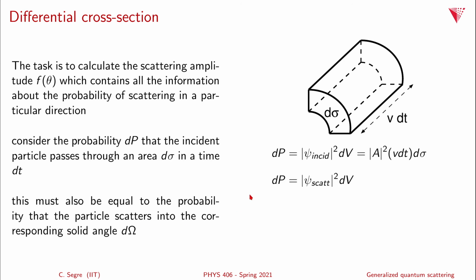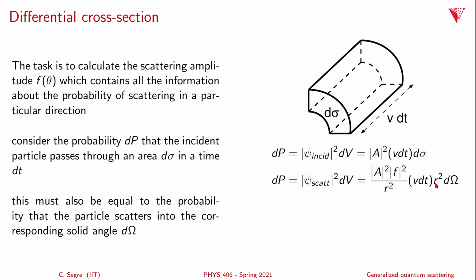And we can calculate that by taking the scattered radiation, psi scattered, and taking the modulus squared of that times dV again. And in this case, you get A squared times f squared, the scattering factor, divided by r squared, times v dt times r squared d omega, because this gives us an area.